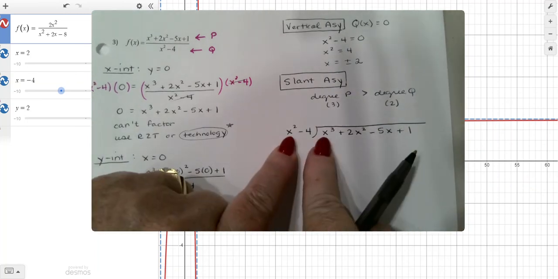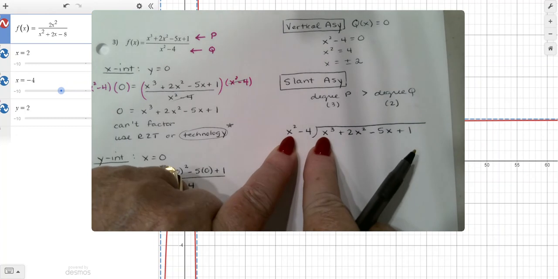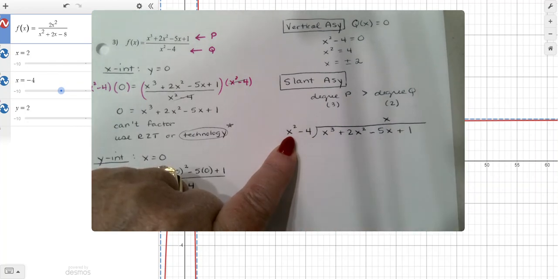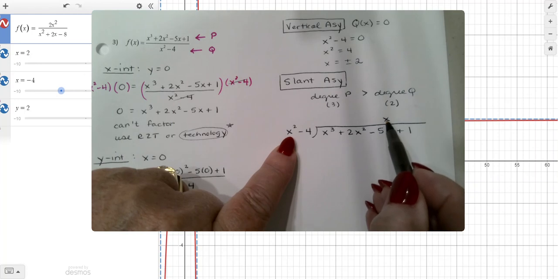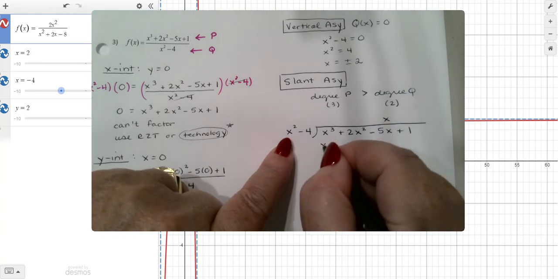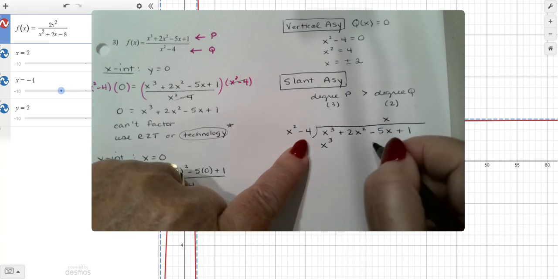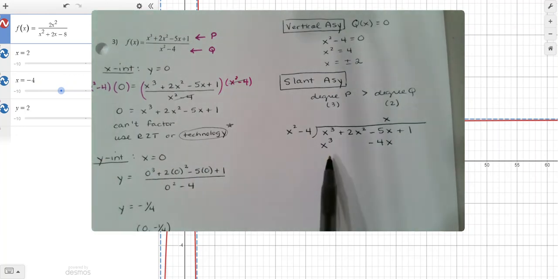I start by looking at just the first terms. X cubed divided by x squared would be x to the first. And then I'm going to multiply. X times x squared is x cubed. X times negative 4 is negative 4x. And notice when I write them, I'm lining them up underneath their like terms.